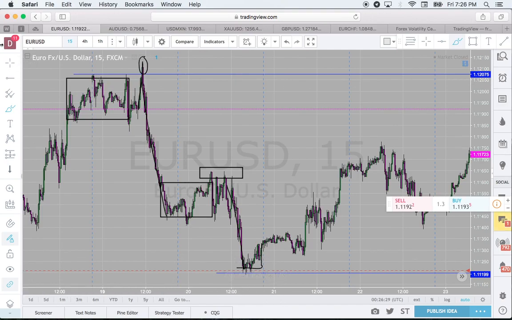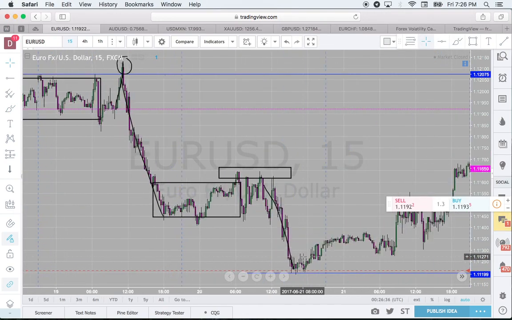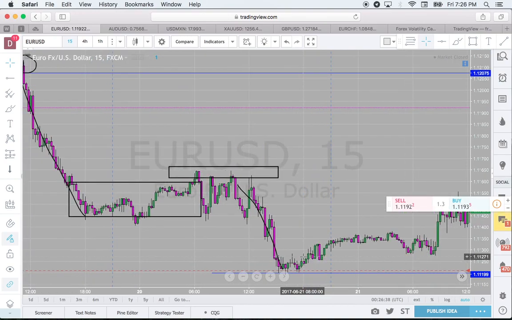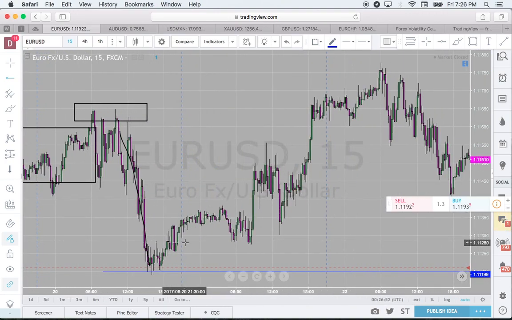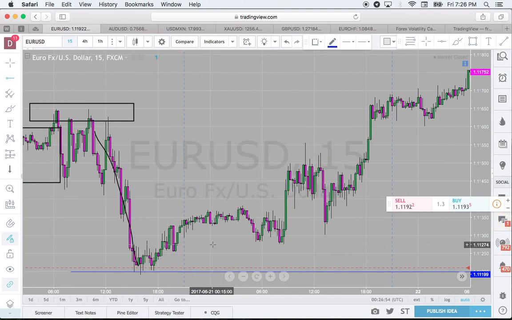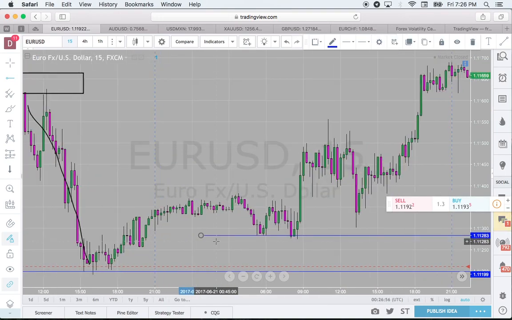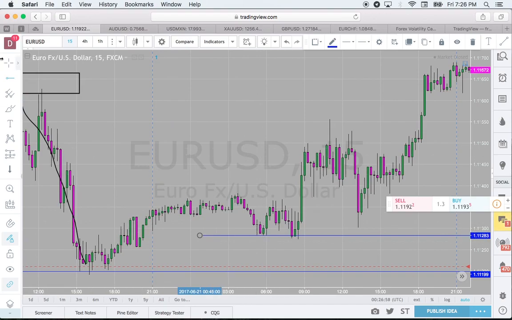But what we can also see is this would be Wednesday coming into Thursday. Wednesday, we have the low created here after that consolidation period.